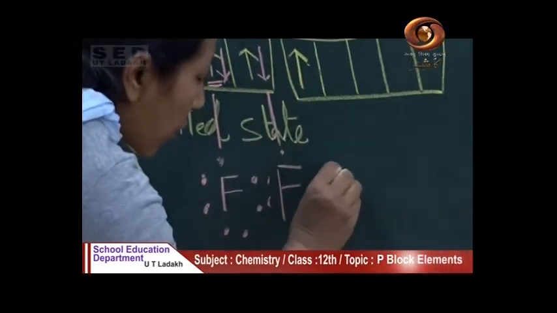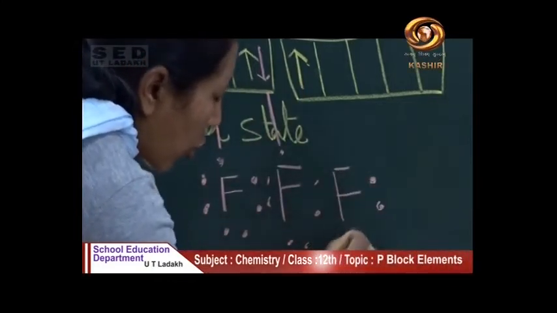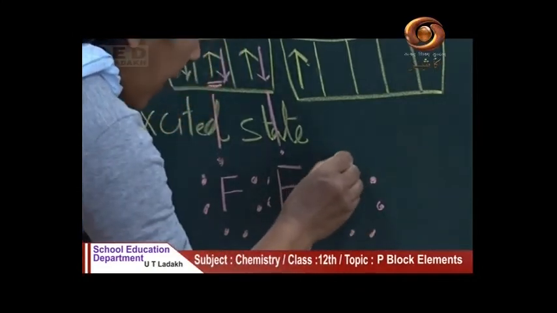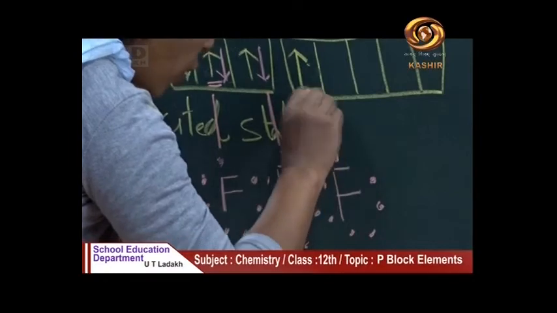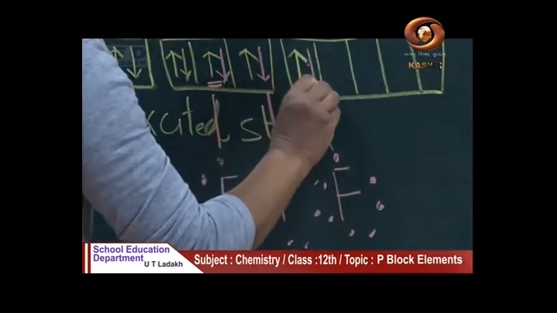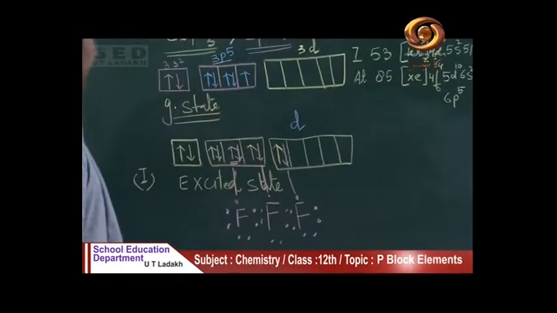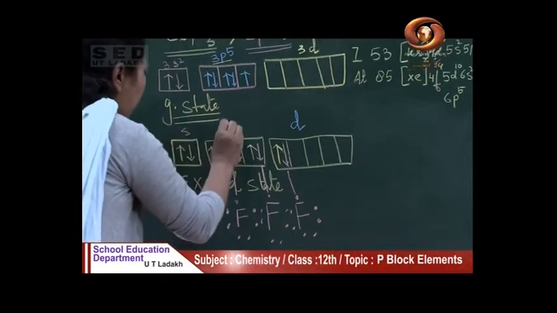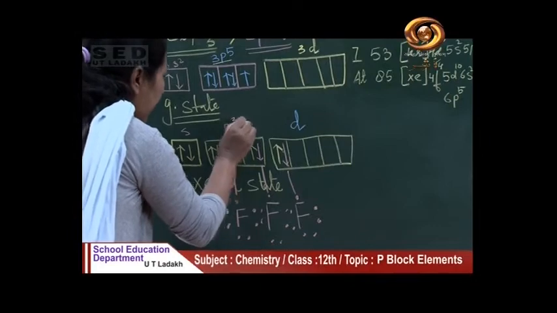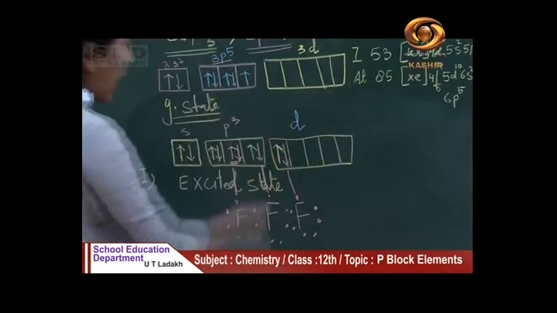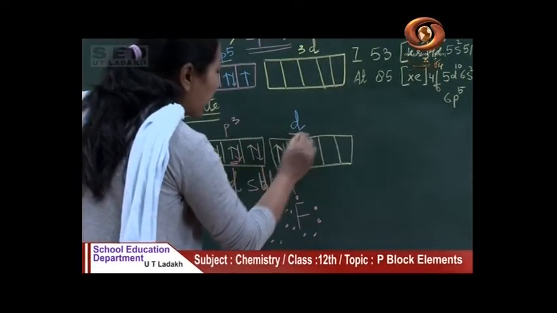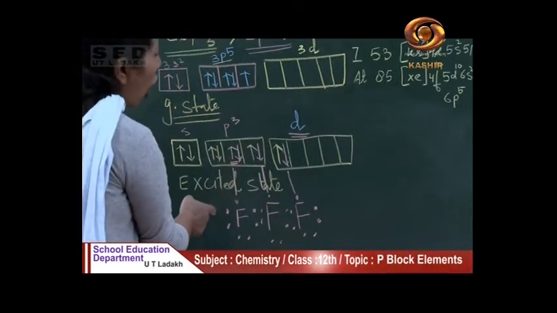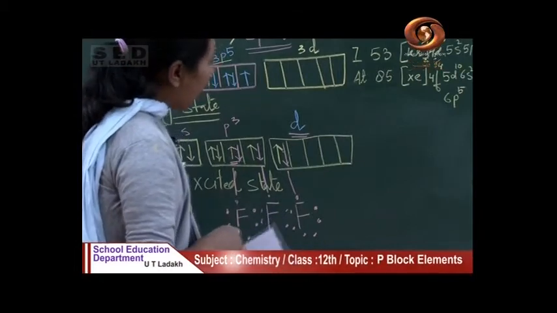Another F, 1, 2, 3, 4, 5, 6 and 7, is covalently bonded with this, and it is also singly filled. So our hybridization is sp3d, and it shows a structure like this.